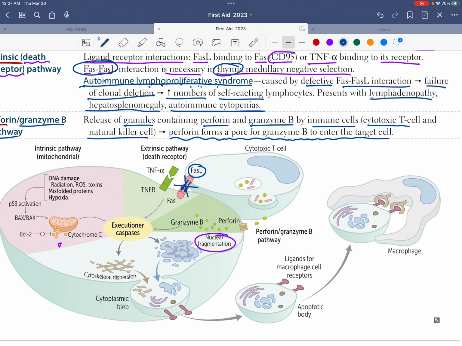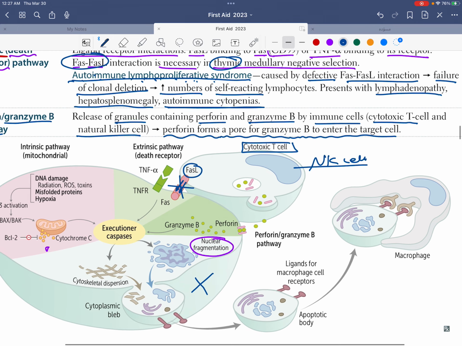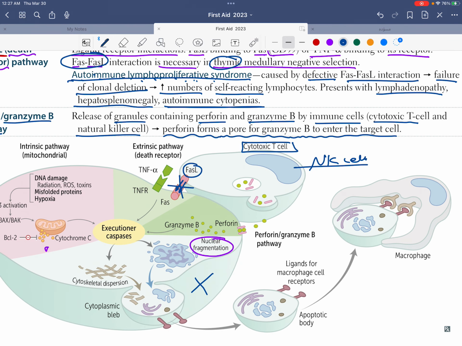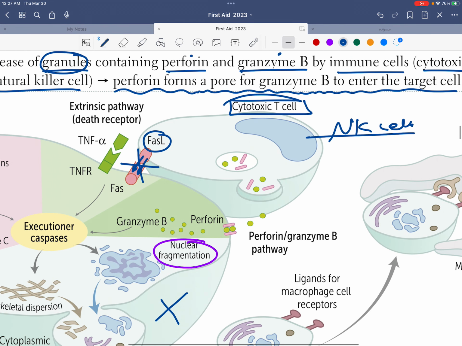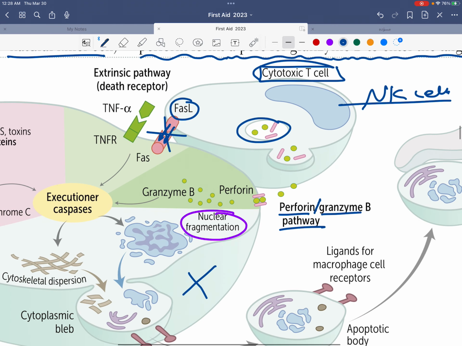Basically, some other immunological cell, like a cytotoxic T cell or natural killer cell, decides that it wants to kill this cell. So they send their contents, granules containing perforin or granzyme B or both. Here, the cytotoxic T cell sends its perforin/granzyme B to the perforins created on the target cell, leading to its death.